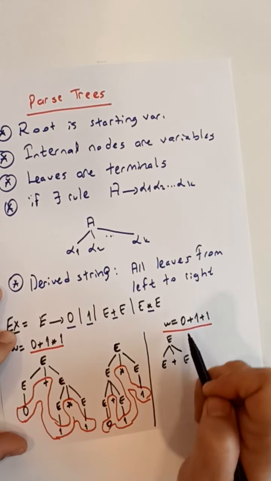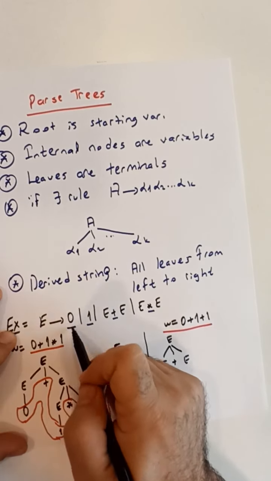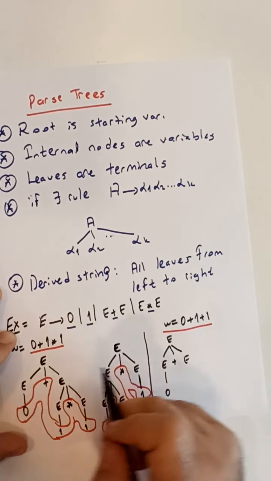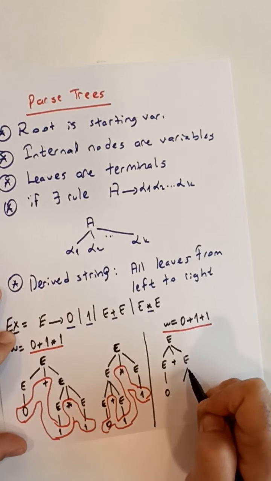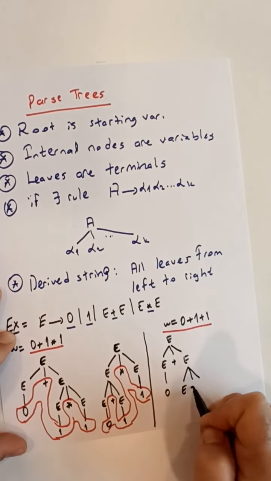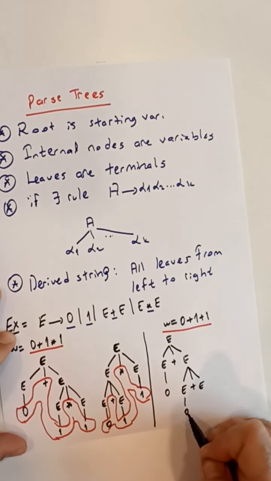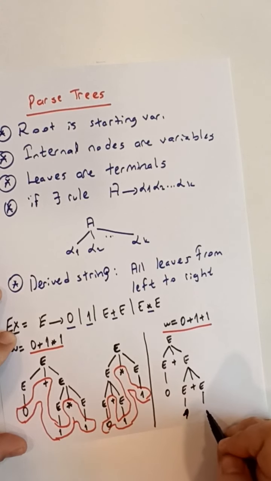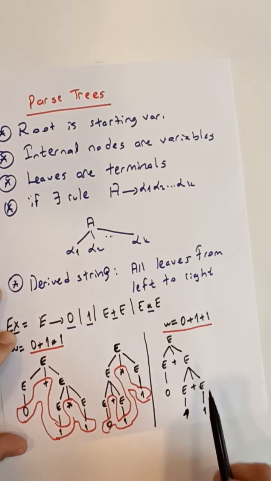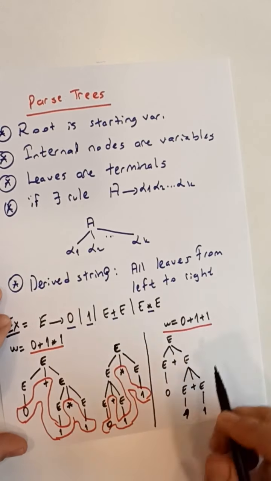To expand this e, we can choose to expand it directly with the rule that goes to 0. And to expand the rest, this e would be expanded with yet another e plus e. e would be 1, sorry, and then e would be expanded with 1. So reading the leaves from left to right, 0 plus 1 plus 1, which would be this string.